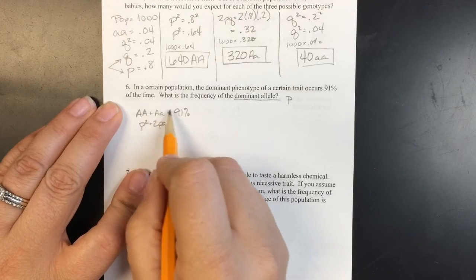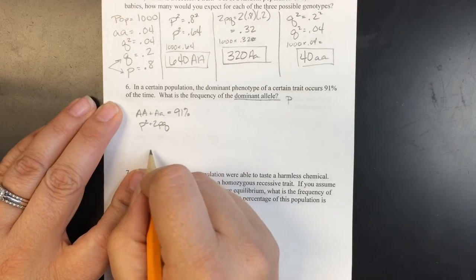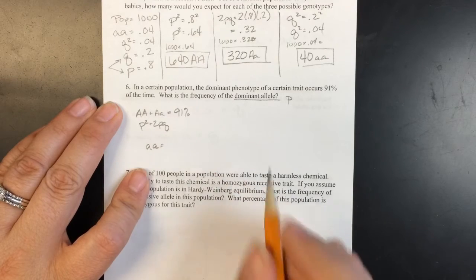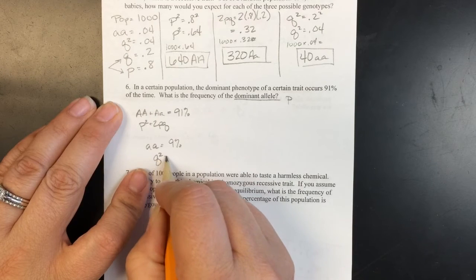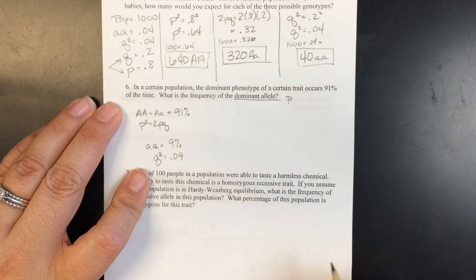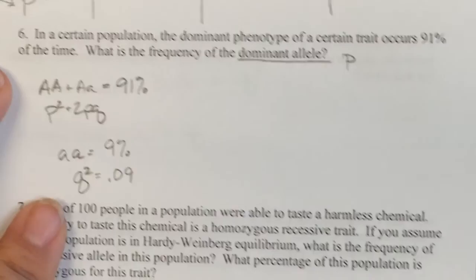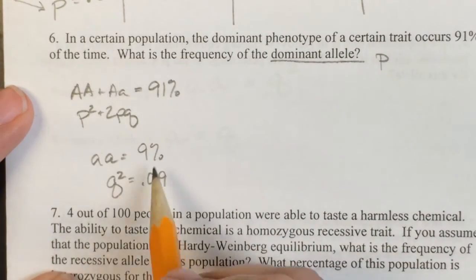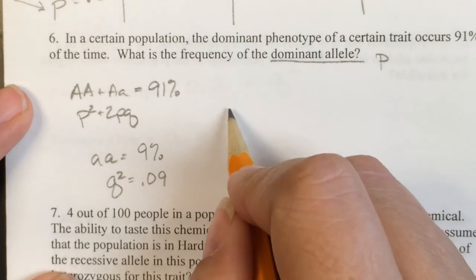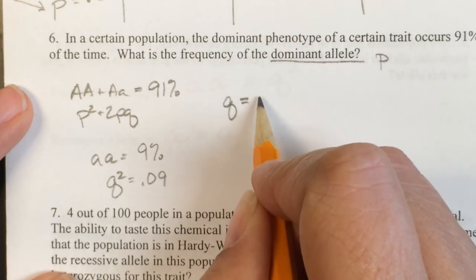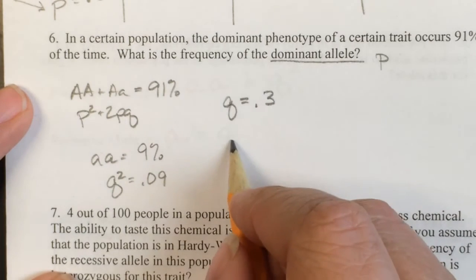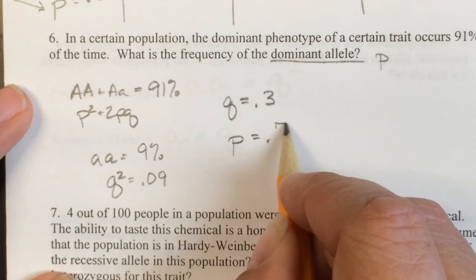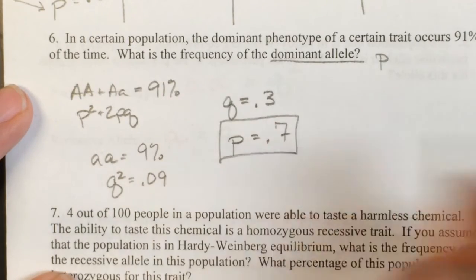So if we know that our dominant population is 91%, we know that our recessive population is going to be 9%, which means our Q squared value is equal to 0.09. If Q squared is 0.09, that means Q must be equal to 0.3. And so if P plus Q equals 1, that means my P value is 0.7. And that is my final answer because all they wanted to know was what is the frequency of the dominant allele.